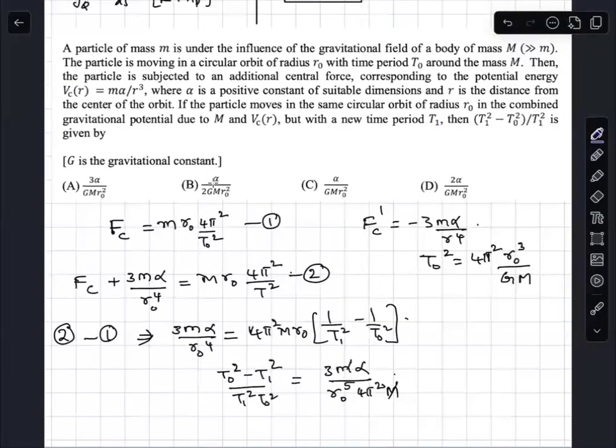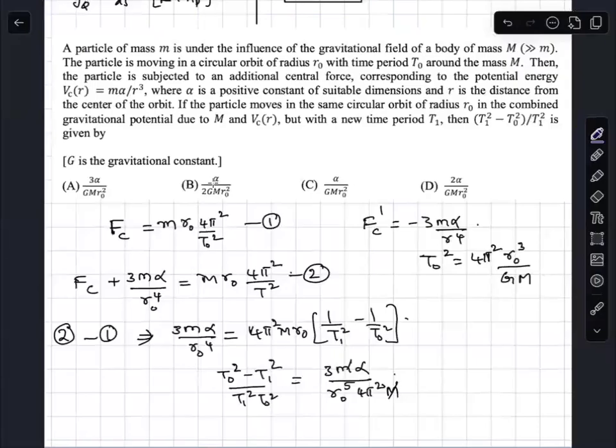A particle of mass m is under the influence of the gravitational field of a body of mass capital M, much greater than small m, which is, you can take capital M as a planet, small m as a satellite.